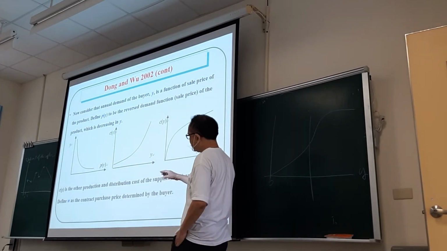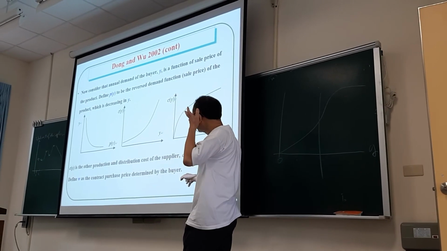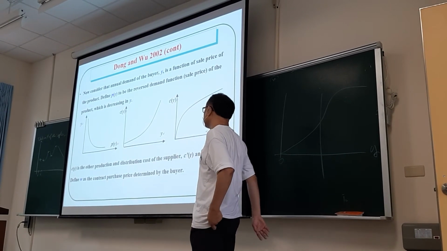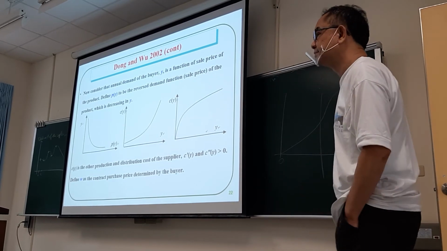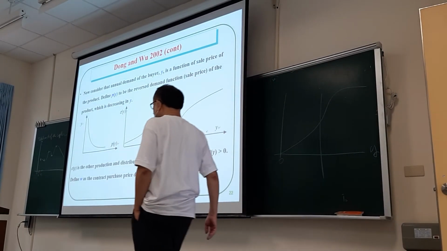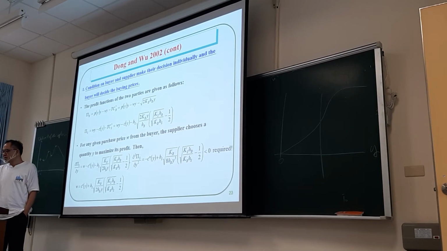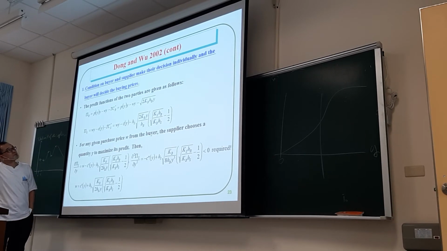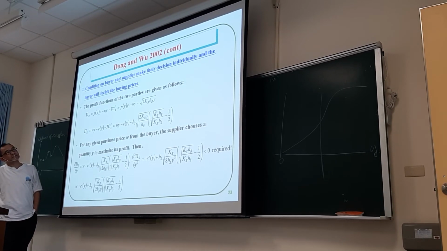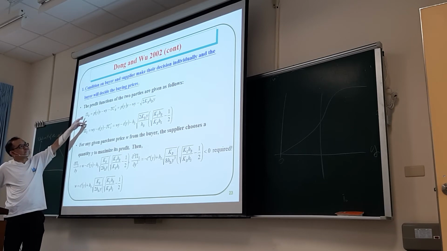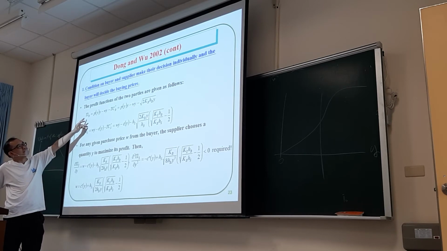So here W is defined as the contract purchase price determined by the buyer. Conditional on the buyer and the supplier making their decisions individually, the buyer will decide the buying price. So the profit function of the two parties is given.